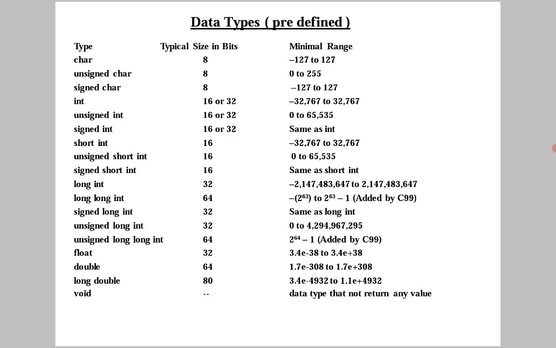Both signed and unsigned occupy only 1 byte. Signed char has a range of minus 127 to plus 127, and unsigned char has a range of 0 to 255.